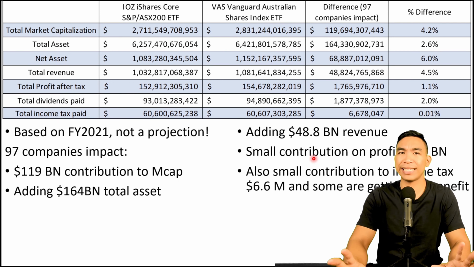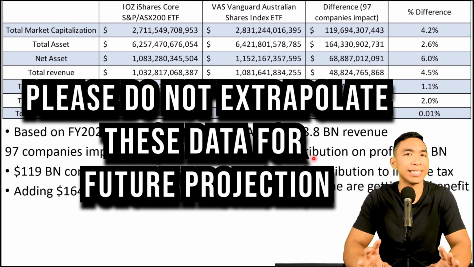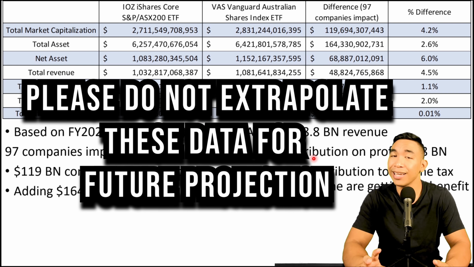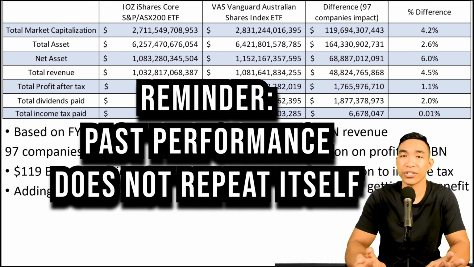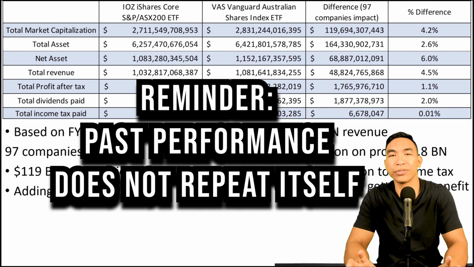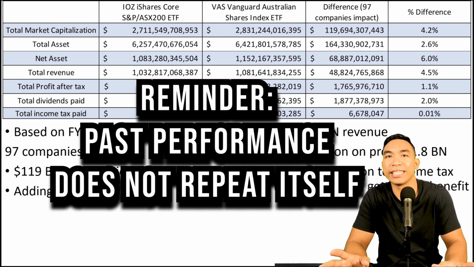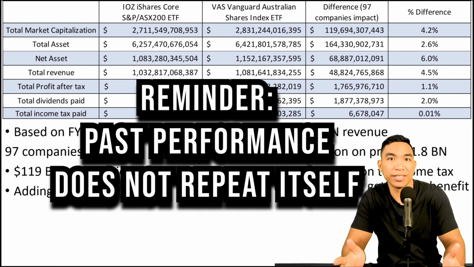All of this is based on financial year 2021 annual reports. Yes, I went through about 300 of them, but the accuracy is not guaranteed. It's just to give you a general idea of the comparison of the differences.